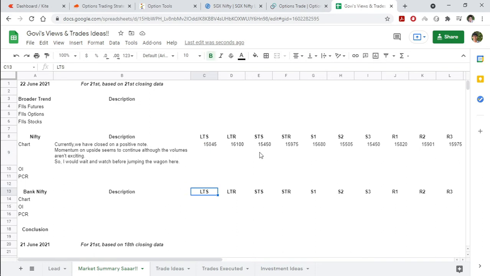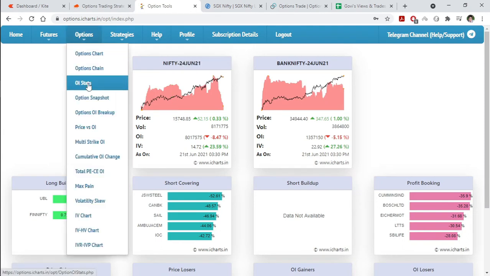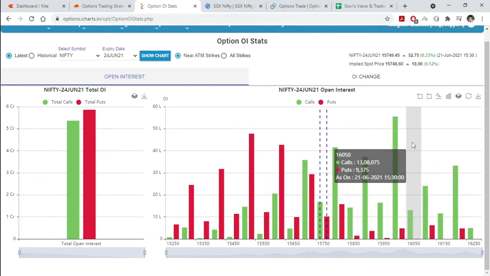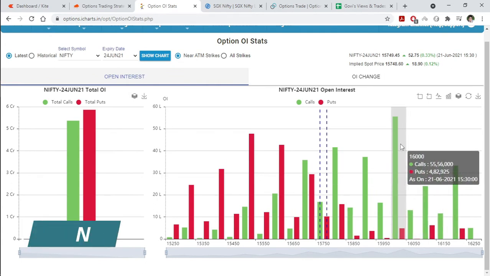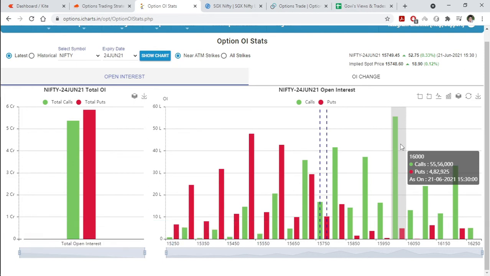But before that, as I reminded, let's look into OI data for today. Since today is Tuesday, pretty much we have the OI data. So the upside resistance, like we just discussed, 16,000 has pretty much heavy call writing.